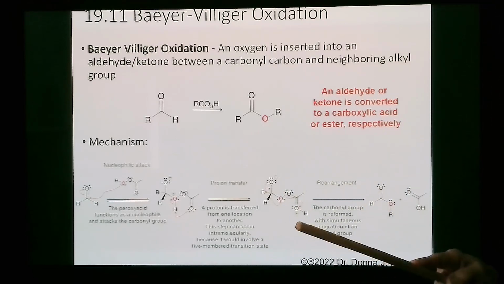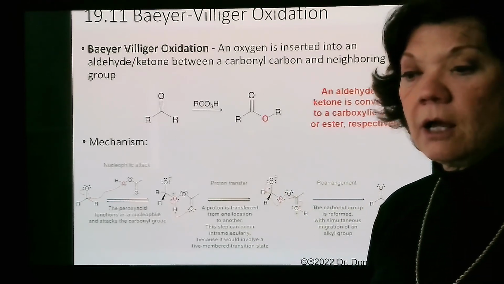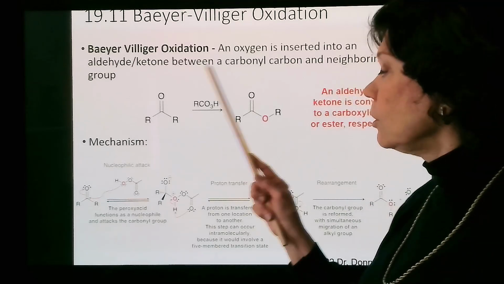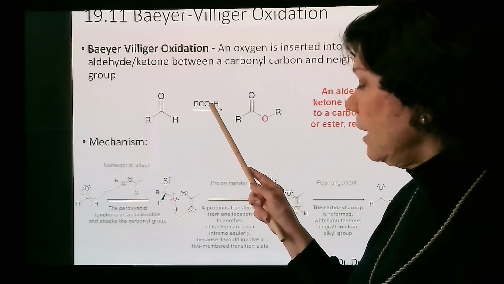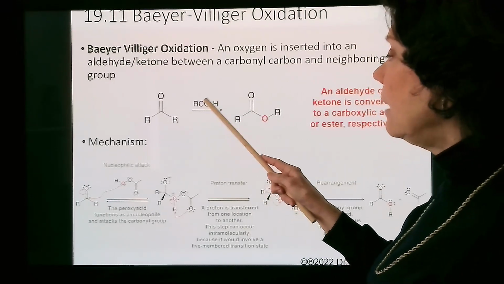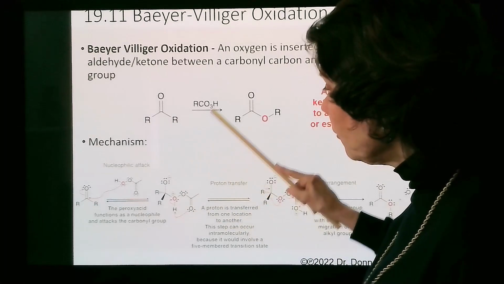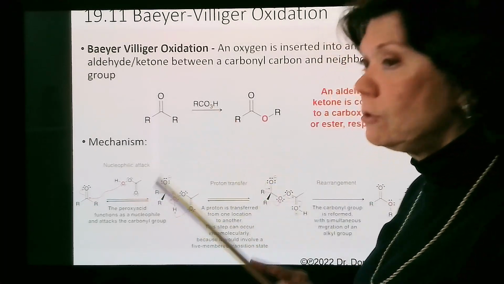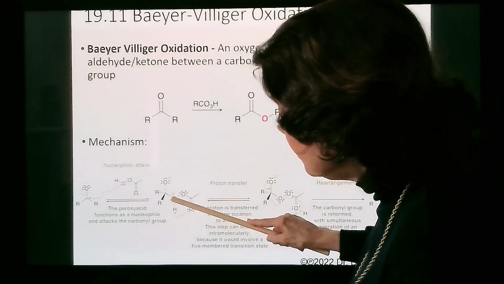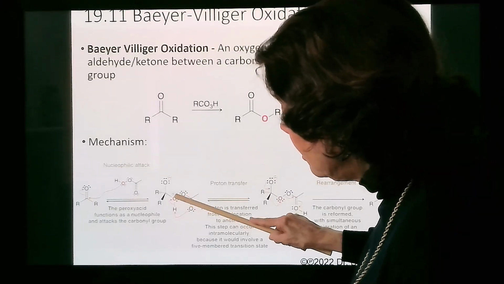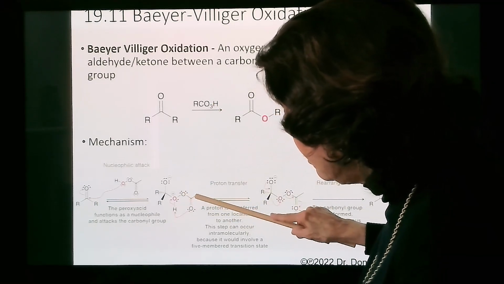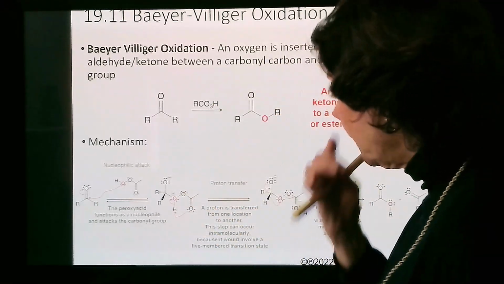So if you remember in that epoxide formation, we were using the carboxylic peracid, and remember the oxygen that was used to form the three-membered ring was the oxygen that was bearing the proton. It was not the oxygen attached to the carbonyl.